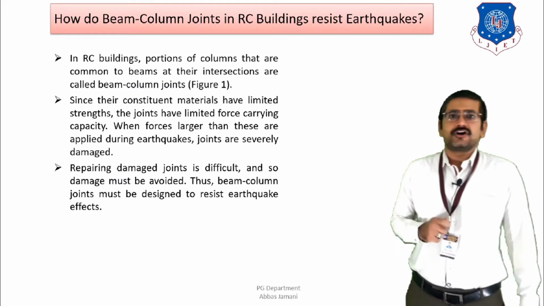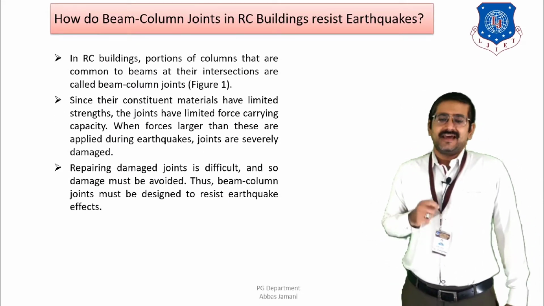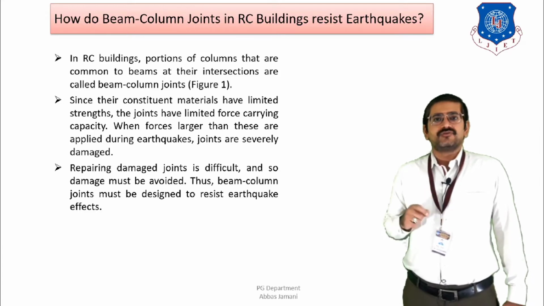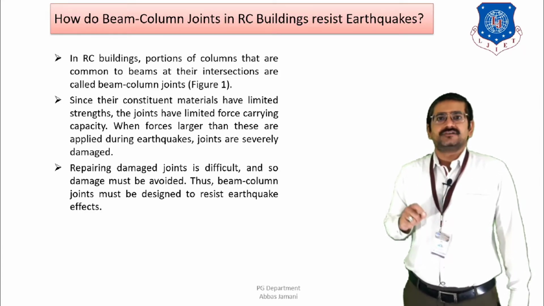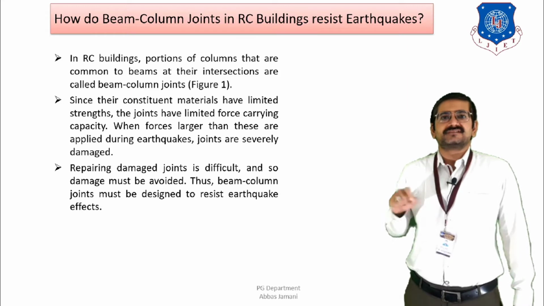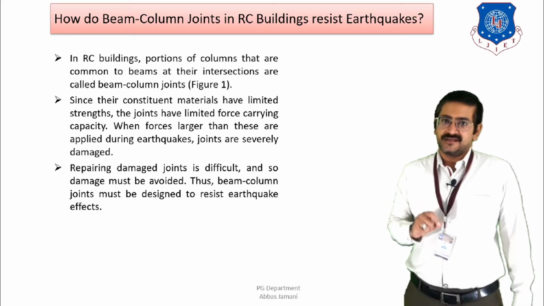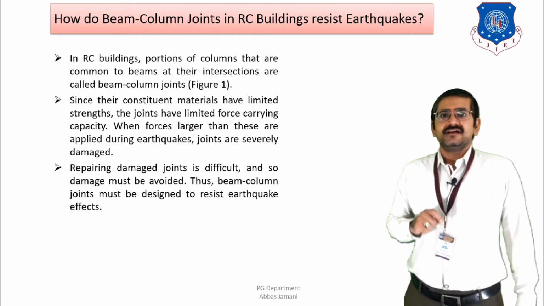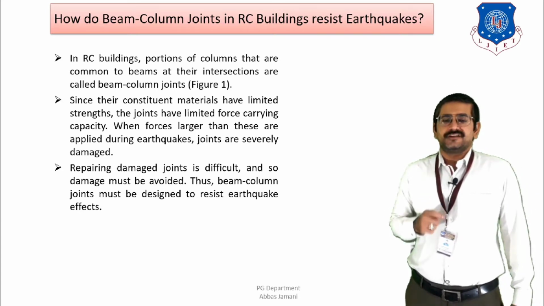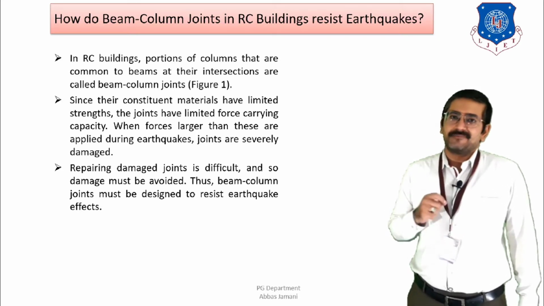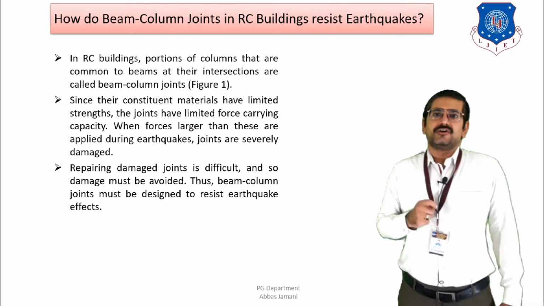When I talk about the beam column joint, as we have discussed earlier, two columns, that is the vertical members, and a horizontal member which is the beam, combine together to form the lateral load resisting frame. The common portion of the column where the beams are integrated is known as the beam column joint.